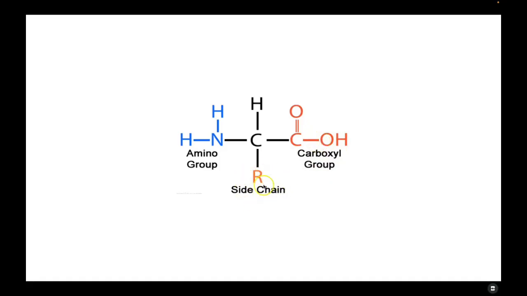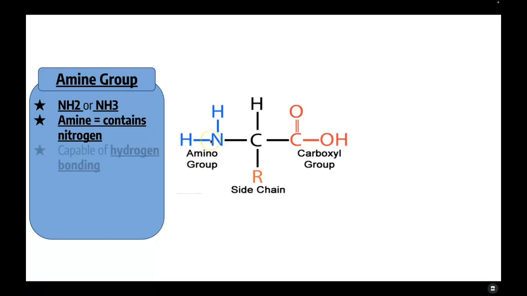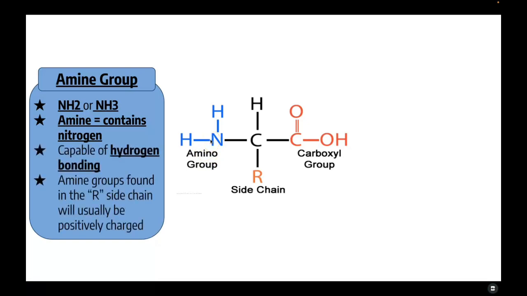The R chain is going to be the only thing different between amino acids, and it's what's going to determine the amino acid's property, right? Like I mentioned, amine group, it could be represented by NH2 or NH3. It contains nitrogen, so you can see the nitrogen right here. It's capable of hydrogen bonding, and the amine groups found in the R side chain will usually be positively charged.